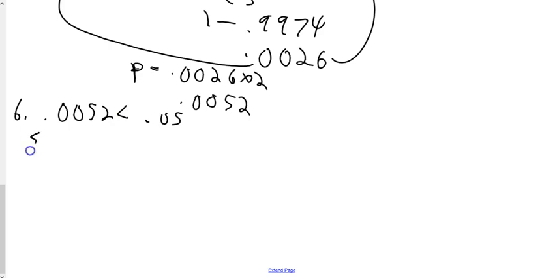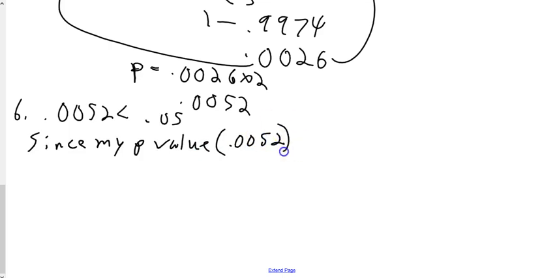Since my p-value, and it never hurts, we haven't done this, but it never hurts to do this, you can put 0.0052 just to be more detailed. You don't have to, but you can put is greater than, or you can actually just do the symbol, or less than, if I did it right. It is less than alpha, which is 0.05. We reject the Ho.